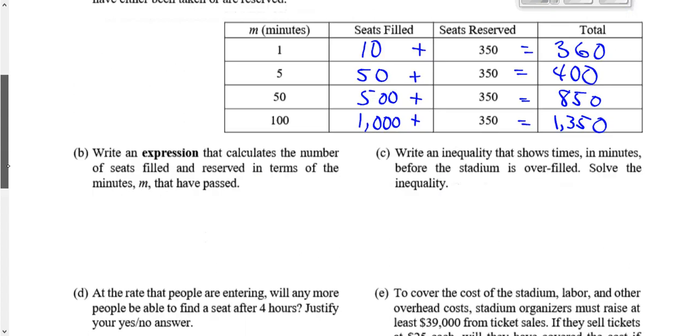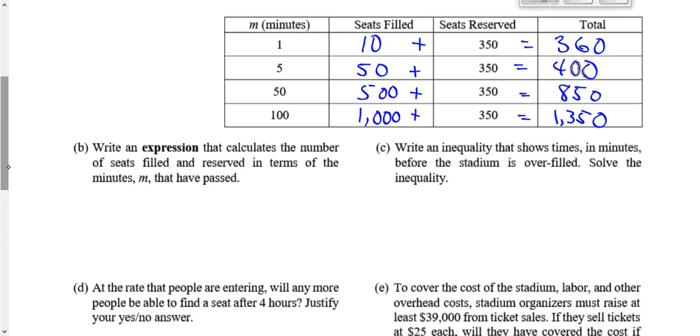Okay, well, I bet they want us now to write some sort of an expression that calculates the number of seats, okay? All right, in minutes. So what's our rate of change? 10 seats. Right, 10 seats per minute, right? We'll just do it like this, per minute.